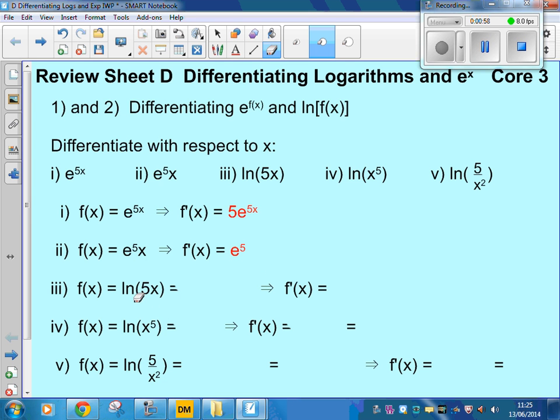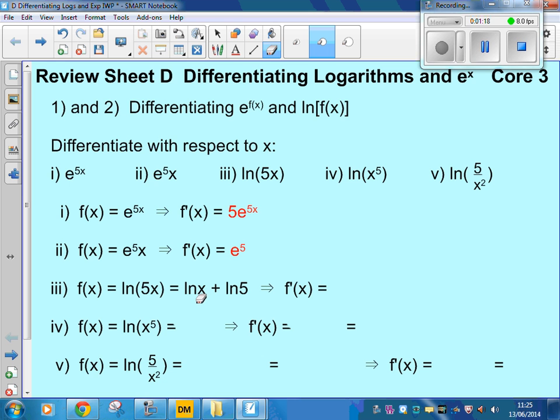If you've got ln of 5x, then the thing to do here is to use your rules of logs to get it into something that involves a ln of x. And so if it's a multiplication, you add logs, so ln of 5x is the same as ln of x add ln of 5.